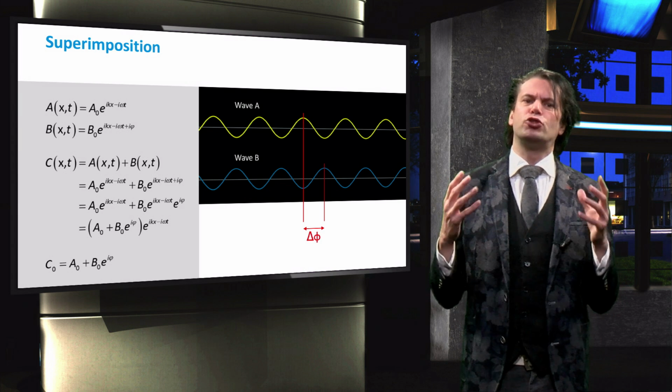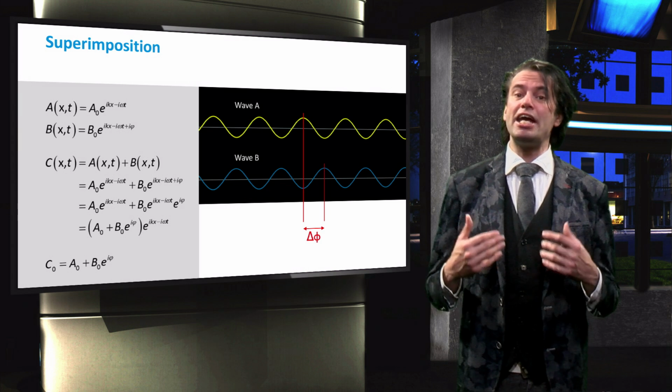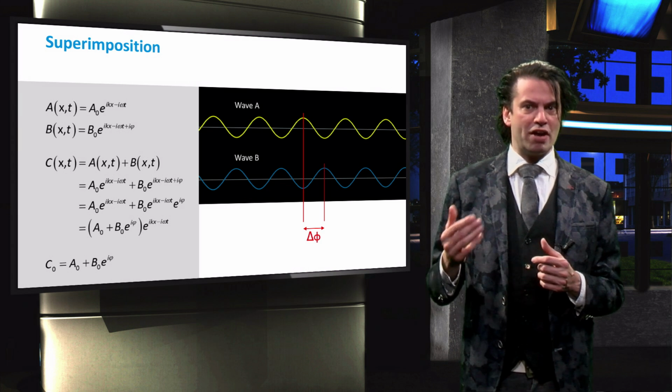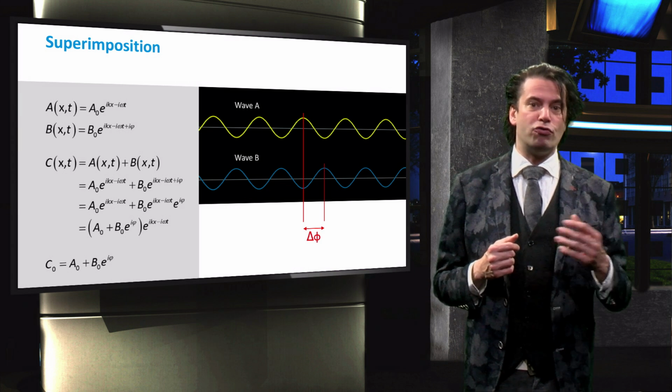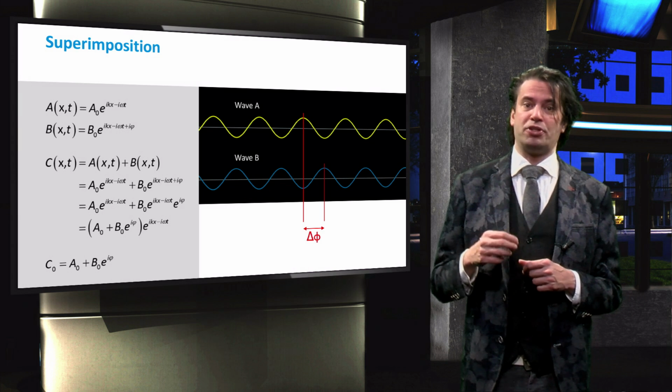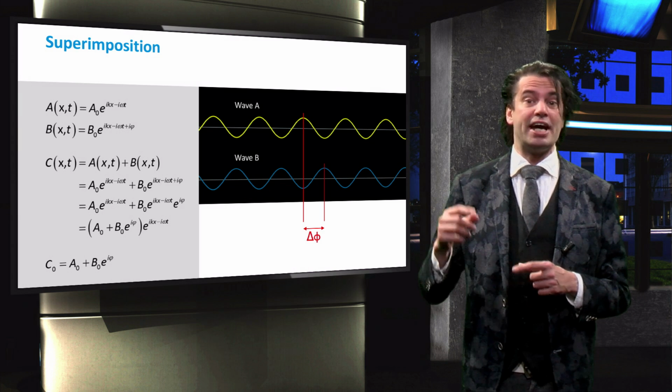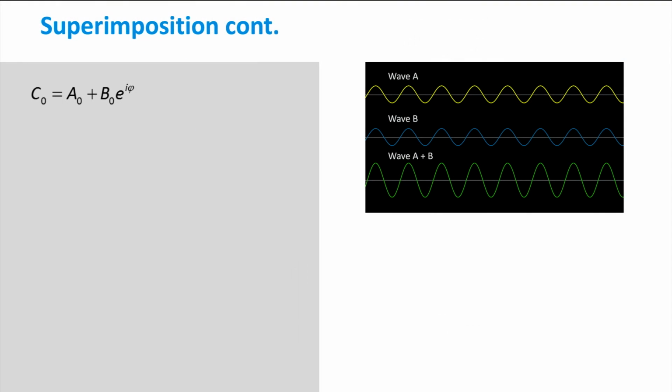The amplitude of the superimposed wave is therefore equal to the amplitude of wave A plus the amplitude of wave B times the exponential of the phase shift between A and B. Right now, the amplitude of the superimposed wave is presented as a complex exponential function. To make it easier to work with, we can rewrite the complex wave function using Euler's formula.